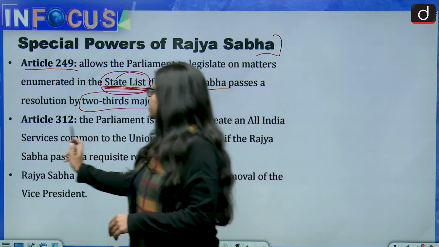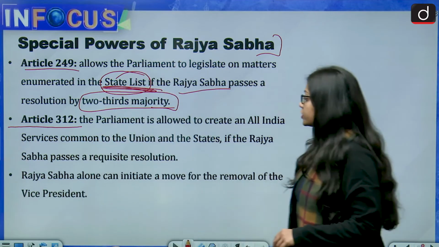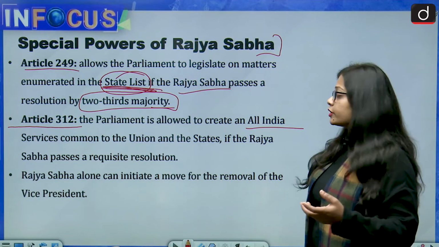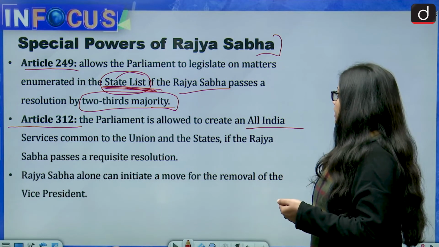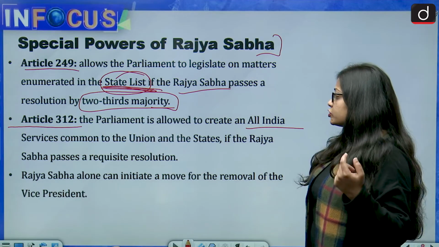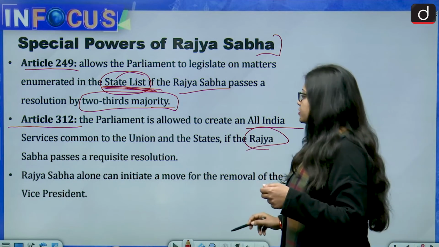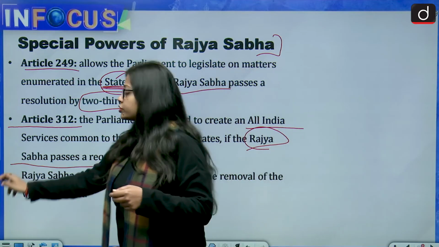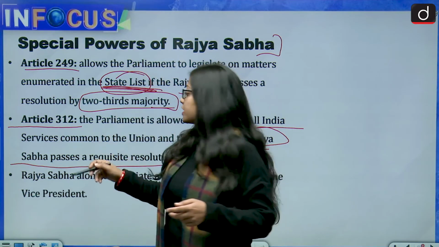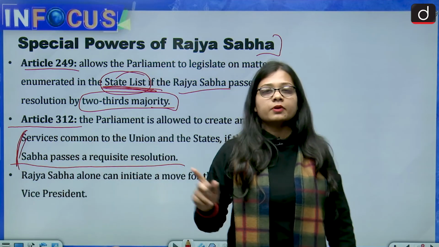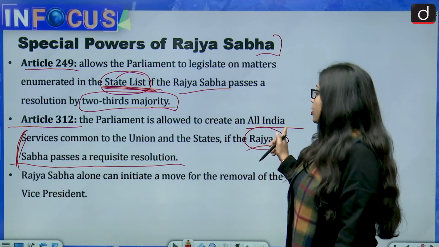Then comes Article 312 of the Indian Constitution, which talks about the All India Services. Under Article 312, the Parliament is allowed to create an All India Service common to the Union and the states if the Rajya Sabha passes a requisite resolution. So the resolution has to be passed by the Rajya Sabha for the creation of the All India Services.